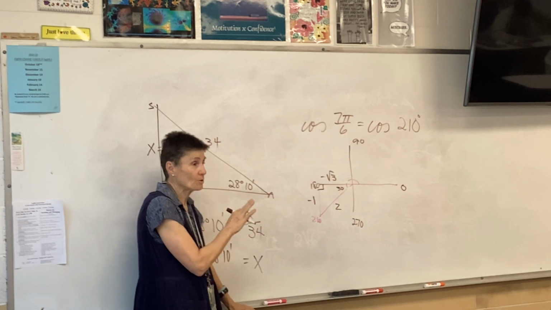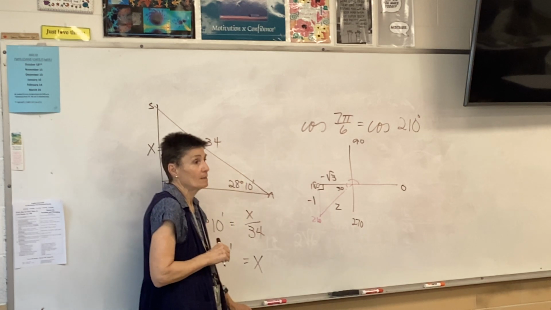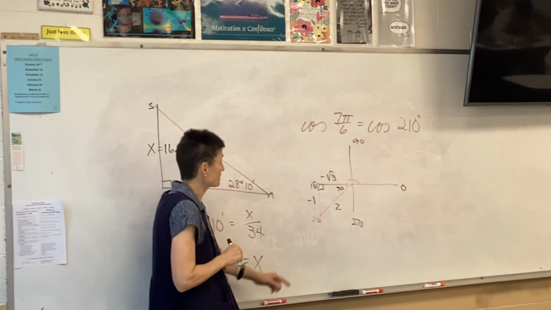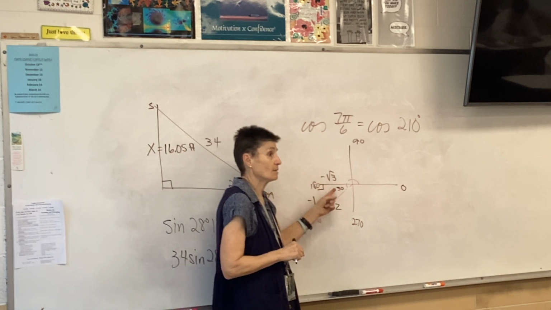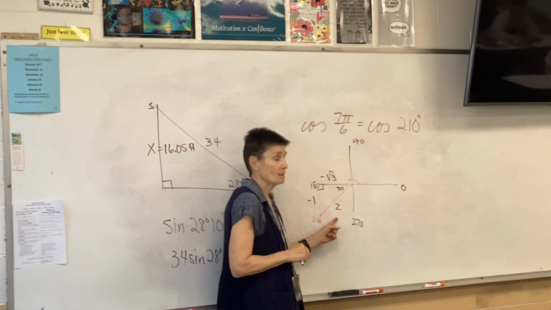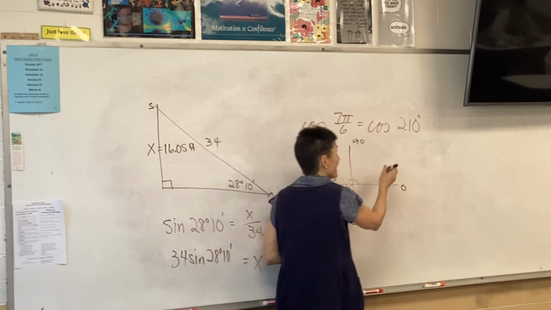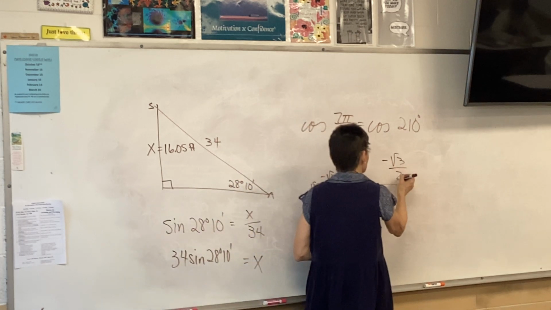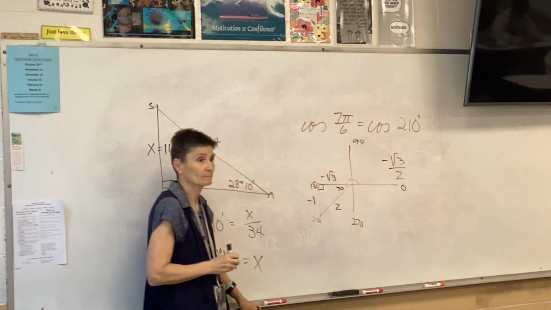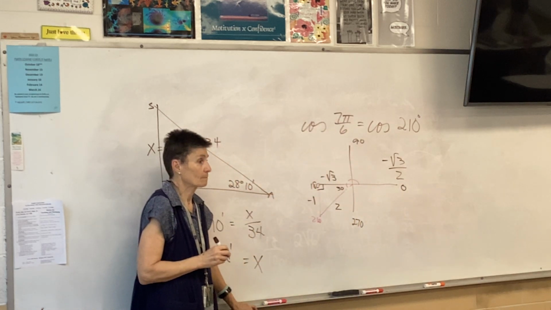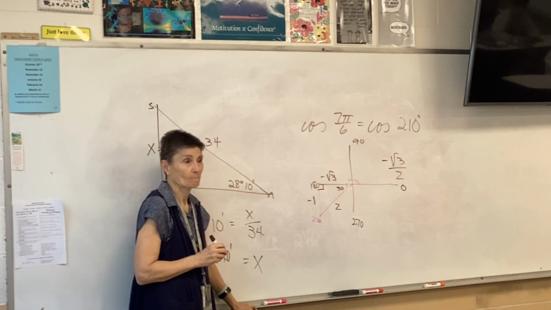So I draw my picture, now I'm ready to find the cosine. So the cosine is adjacent over hypotenuse. So the answer is negative root 3 over 2. Everybody okay with that?